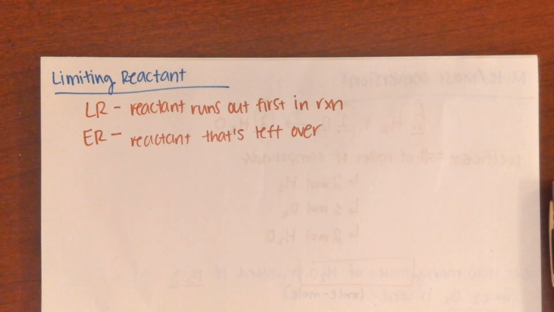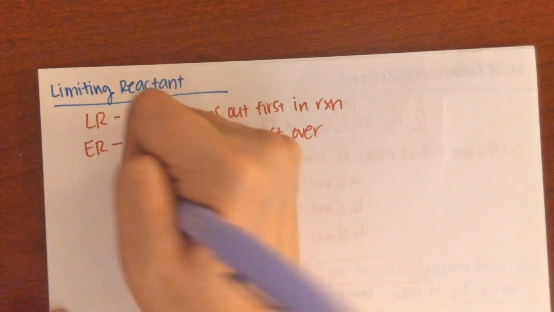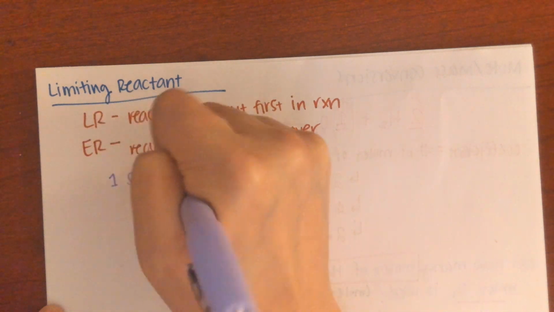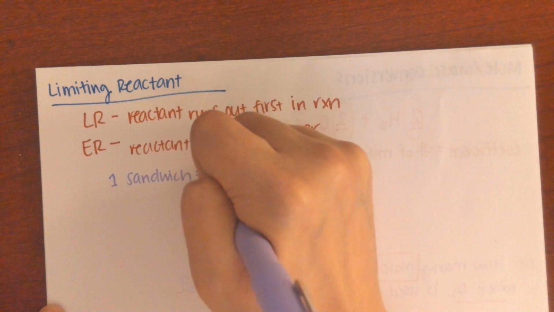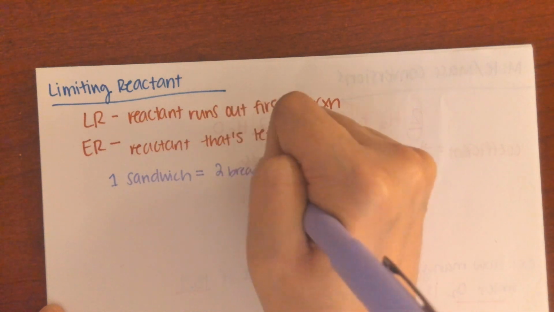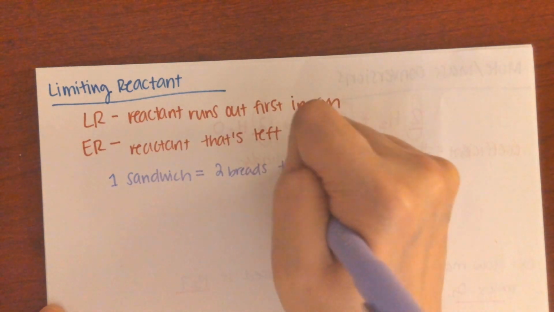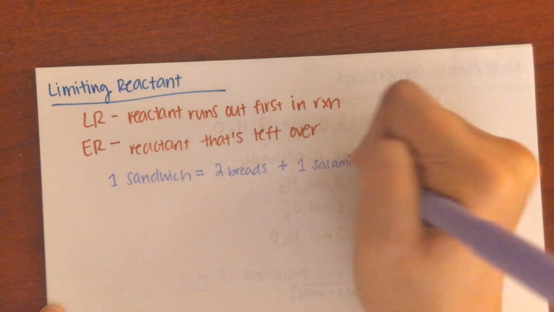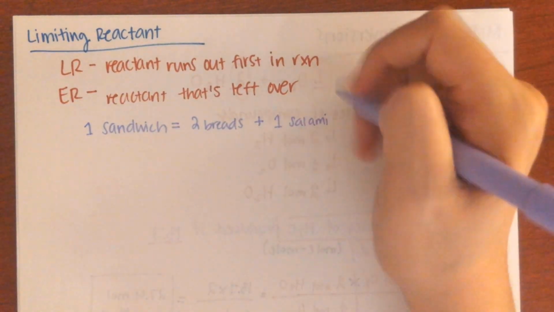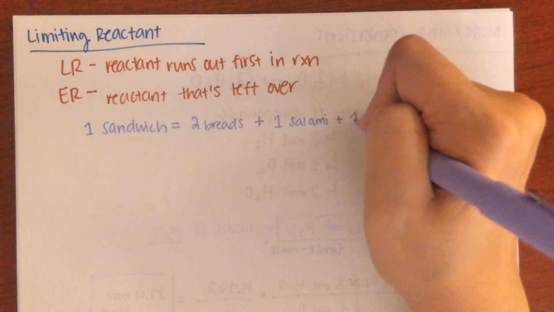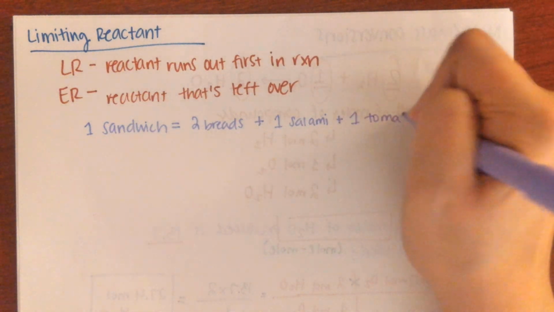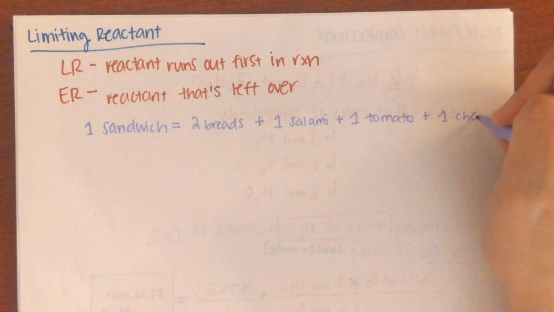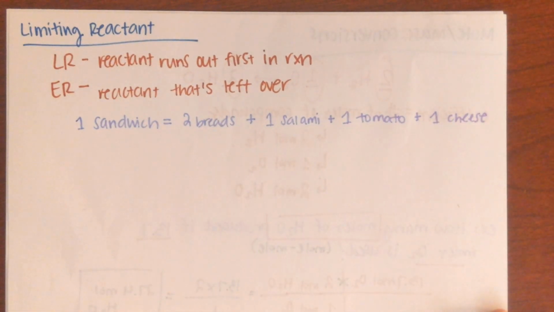So let's say I have to make one sandwich. One sandwich equals 2 pieces of bread, plus 1 salami, like 1 turkey slice, I don't know, 1 salami, 1 tomato, and 1 cheese. Alright?